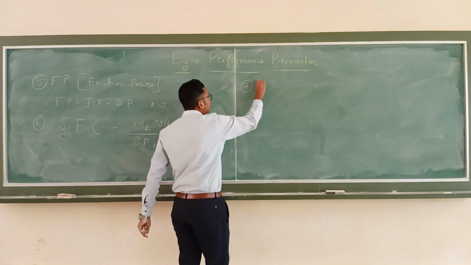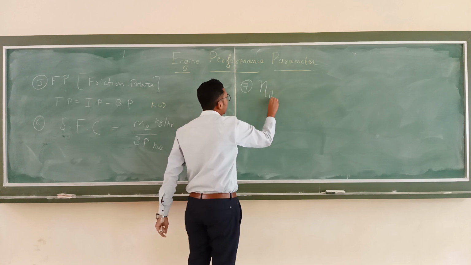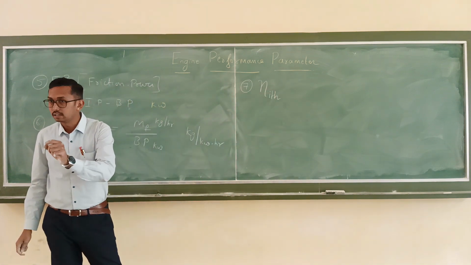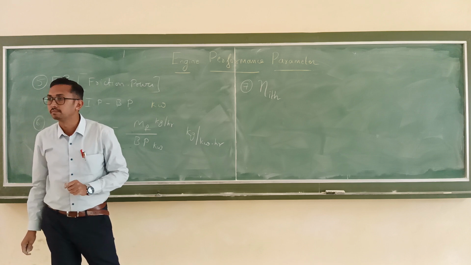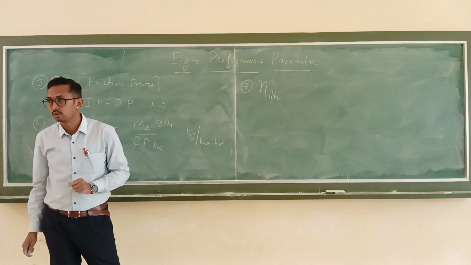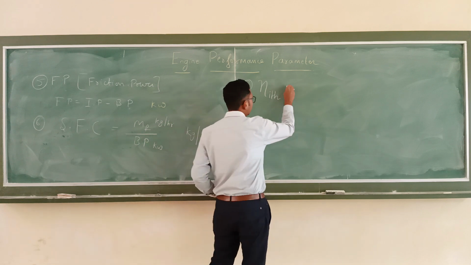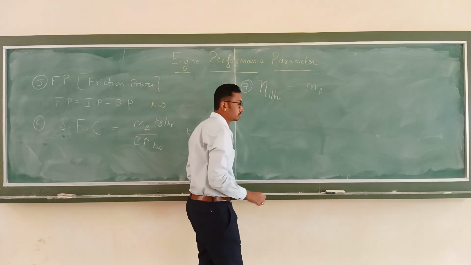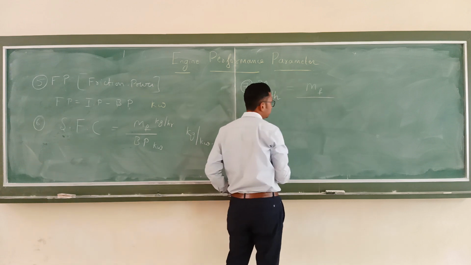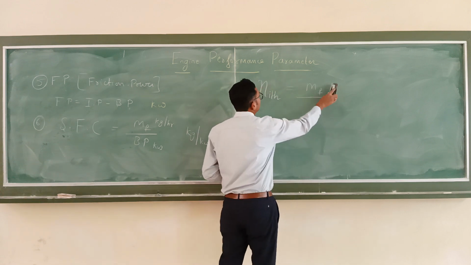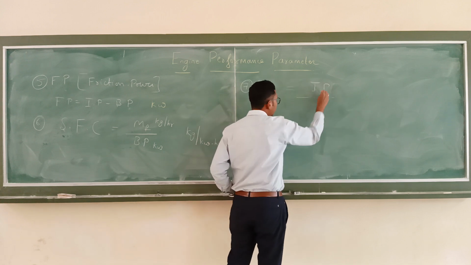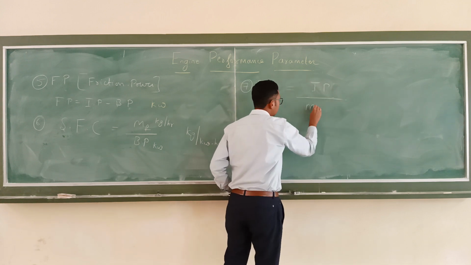Seventh one. Indicated thermal efficiency. It is the ratio of IP by power developed. What is that?